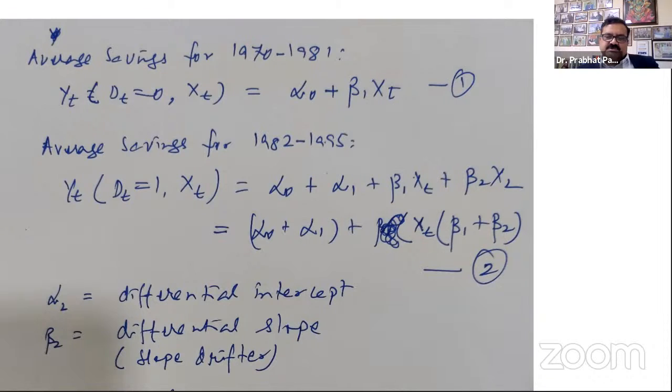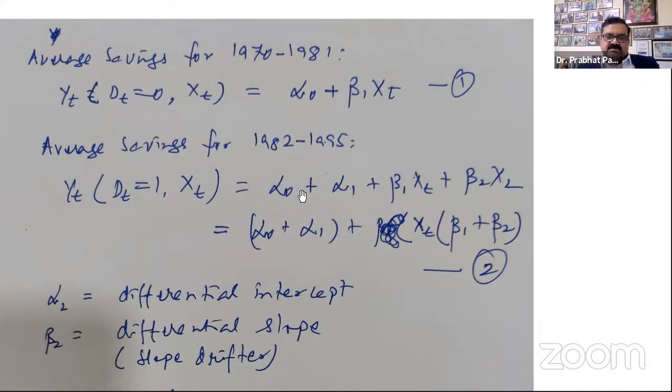So it is a substitute of two different regression equations that you will be calculating in the Chow test, right? So average saving for 82-95, which is a reference. So expected YT means DT has to be 1 and XT.